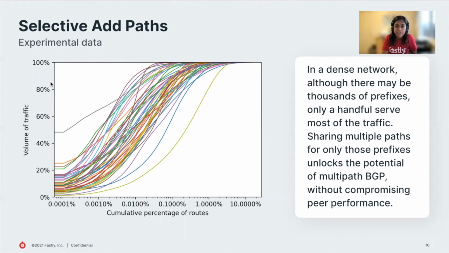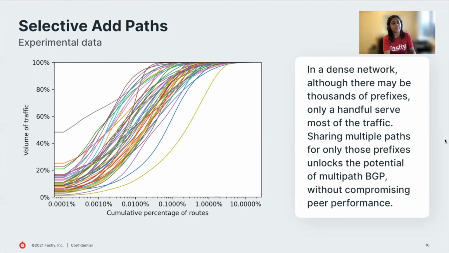Between 80 to 100% of the traffic is served by about 0.1% of the routes that the devices have. Around 90% of the traffic is served by less than 1% of the routes that the node has.